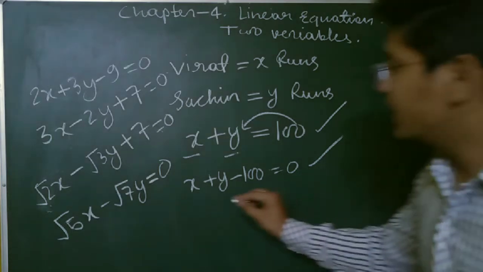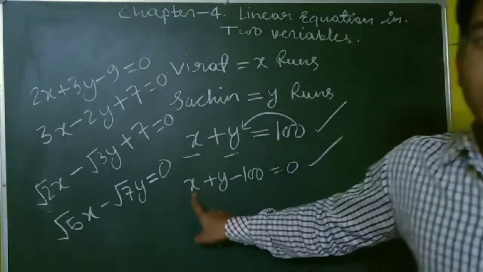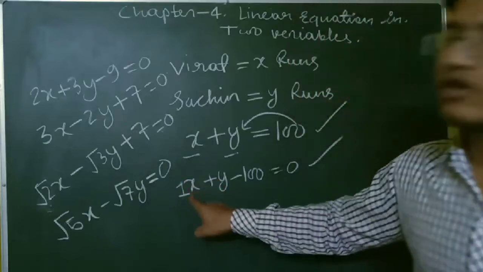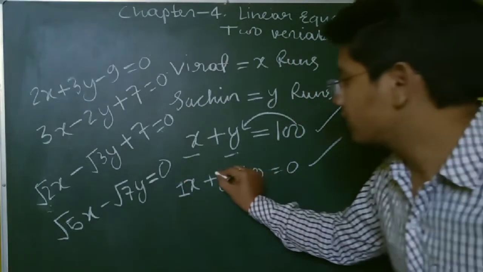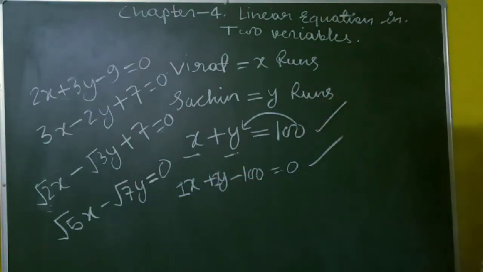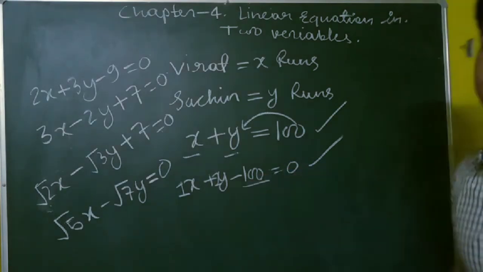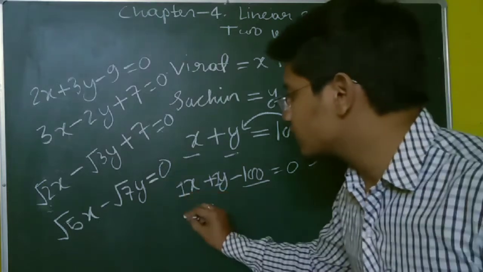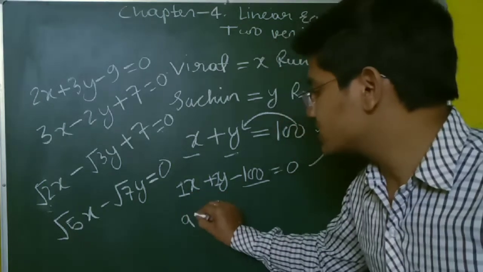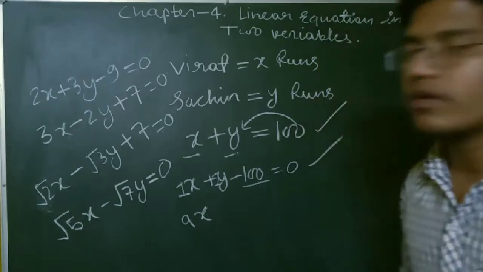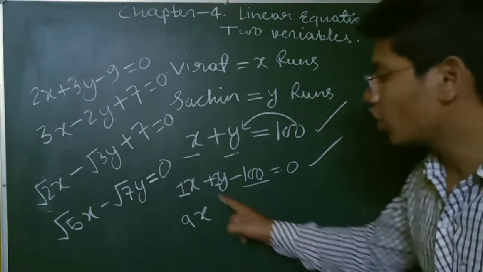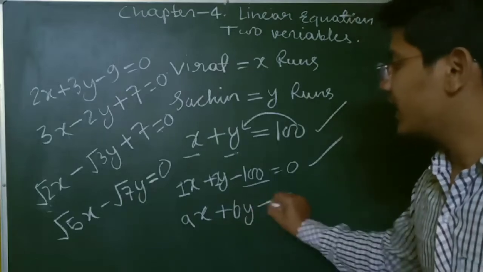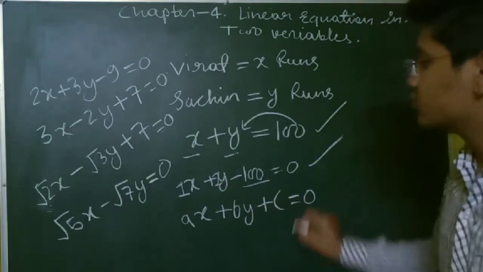Always remember, in this linear equation, with x what coefficient are we having? With x we have coefficient 1, and with y also we have coefficient 1, and this 100 will be considered a constant term. So always remember, a linear equation in two variables in standard form will always be considered as ax plus by plus c equals 0.